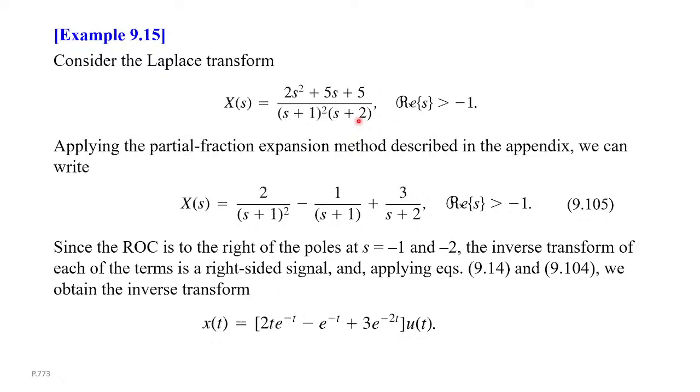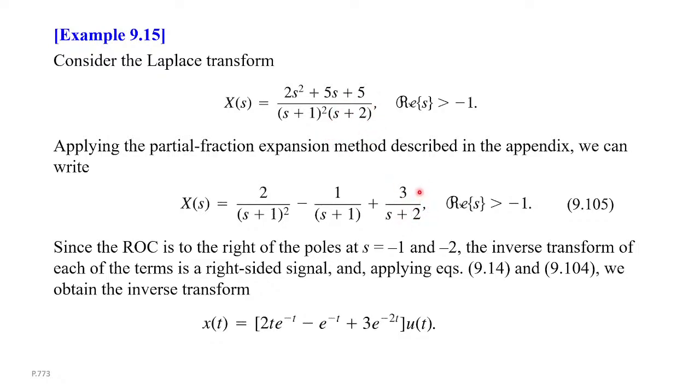Then you do partial fraction expansion. The first thing to check is that the order of the numerator is 2 and the denominator is 3, so you don't need to write down the extra quotient term, but you need to do partial fraction expansion. There are going to be 3 terms.